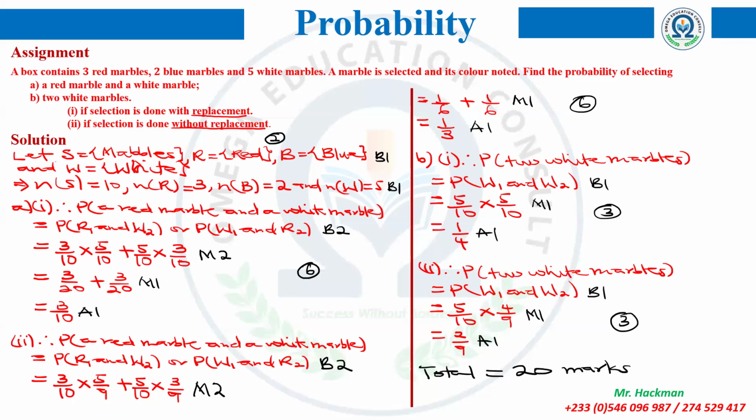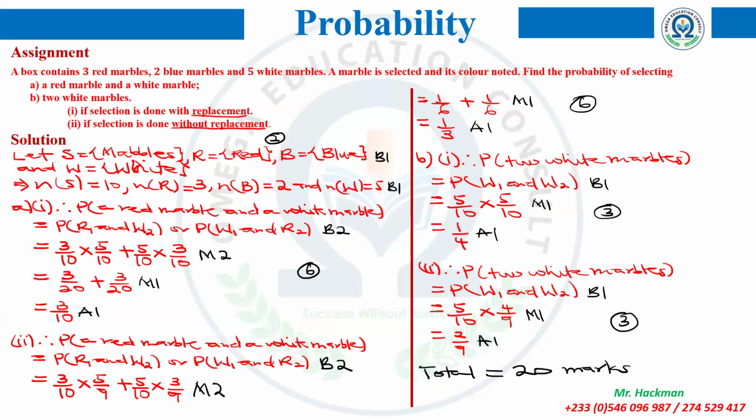Remember, you are selecting two, the first and the second. Your first selection will be red and your second selection will be white. That's a possibility. You have another possibility, which will be your first being white and your second being red. So these are two different possibilities.